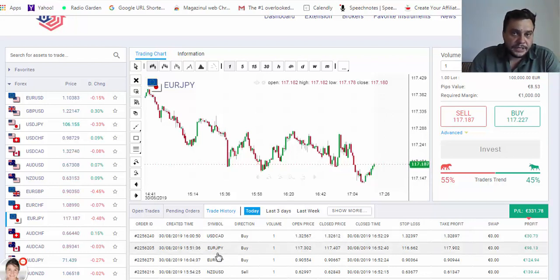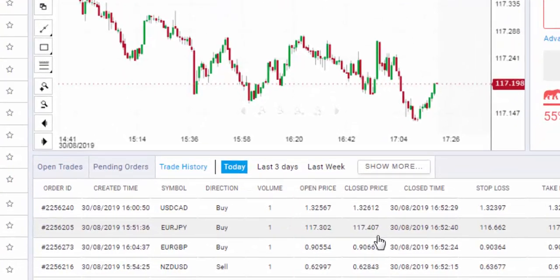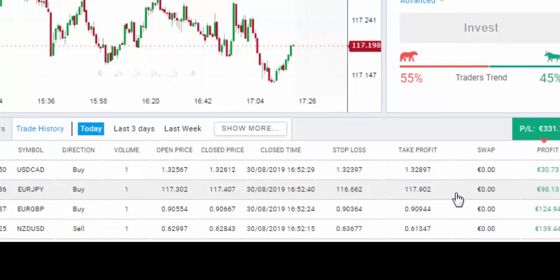The second one was euro Japanese yen. It was a buy, an open price of 117.302, and a close price of 117.407, and a profit of 98 euros.